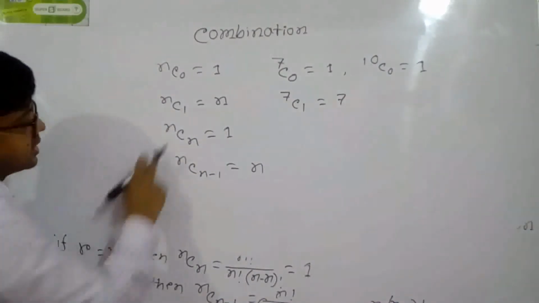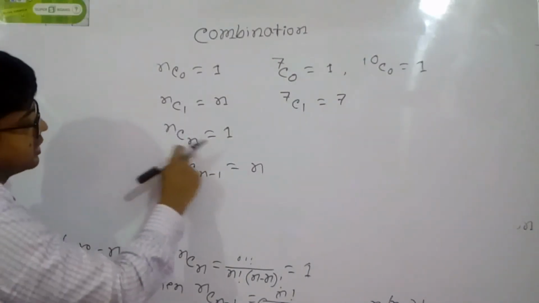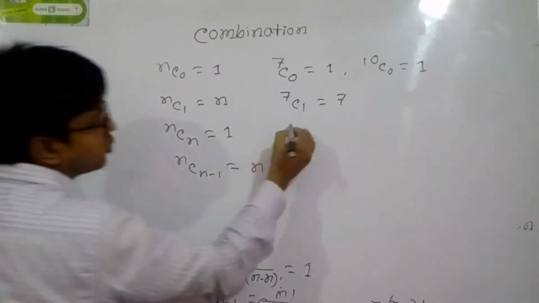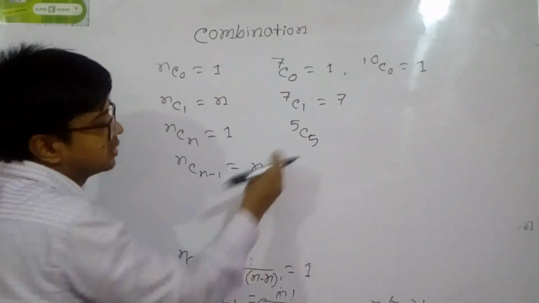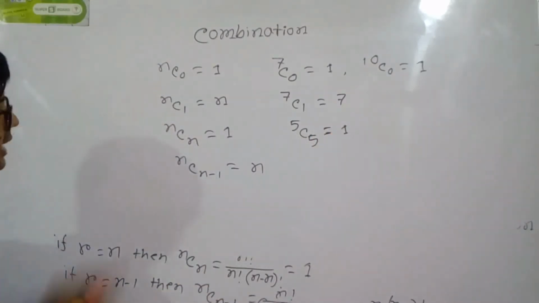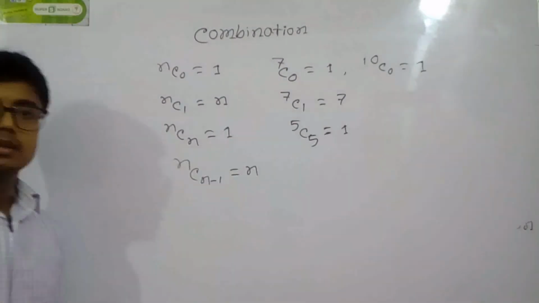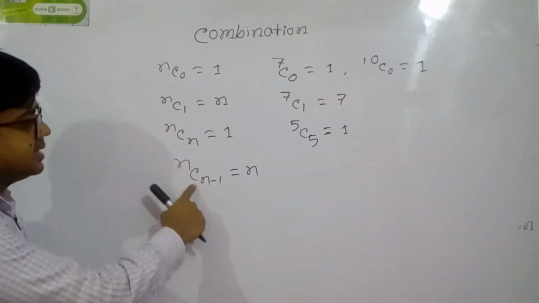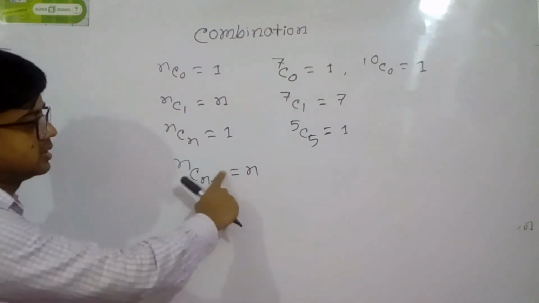Again, if n equals r, then nCn equals 1, so suppose 5C5 equals 1. And last one, nC(n minus 1) equals n.